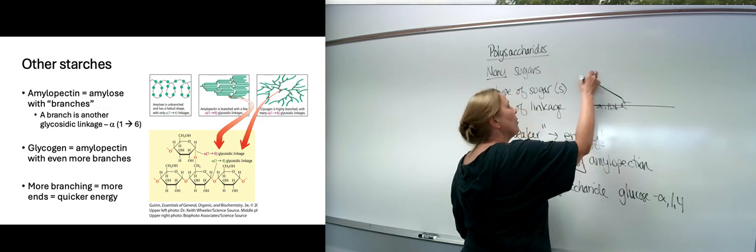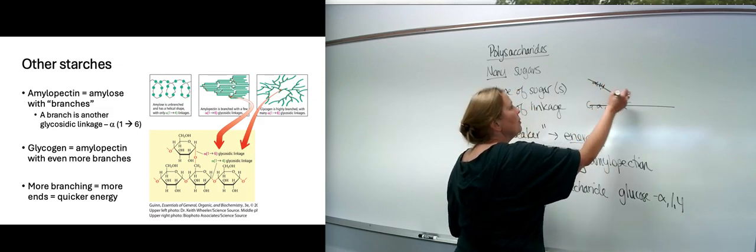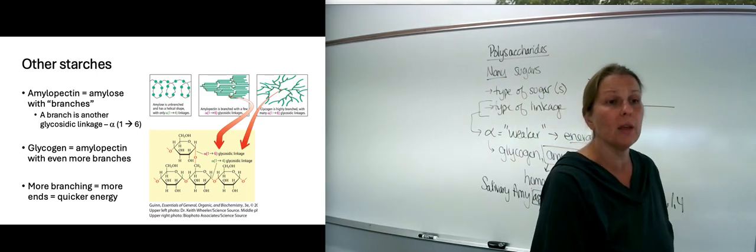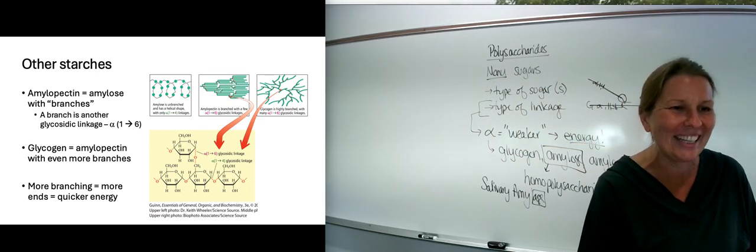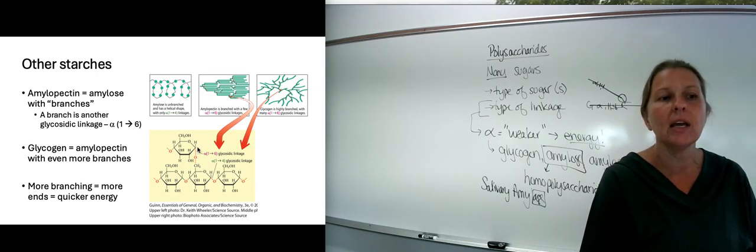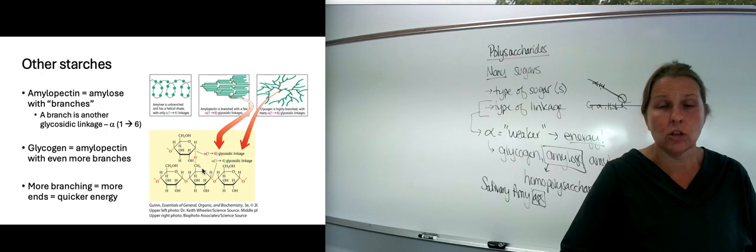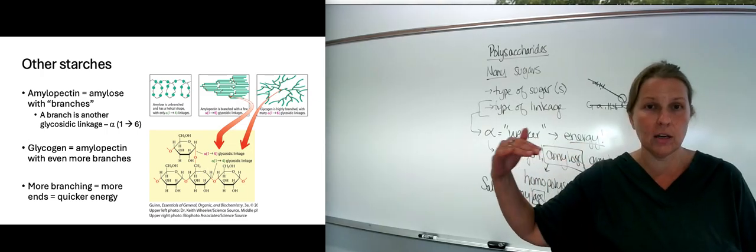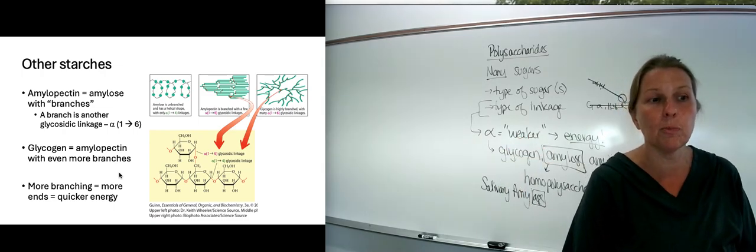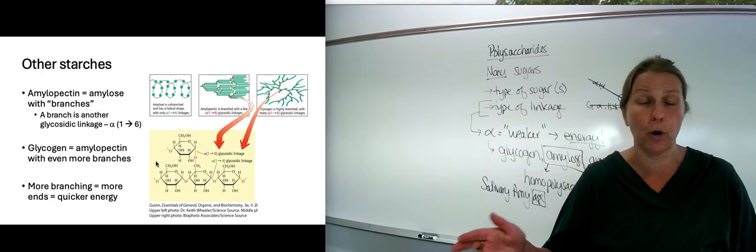You might have other branches of alpha 1,4, but there's an attachment here between carbon 1 and carbon 6, as you can see from the better looking structures in your book. Here's your alpha 1,4 all the way through. But now here's carbon number 6. This OH group is attached alpha, because again, this OH group up, this OH group down. This is an alpha 1,6 glycosidic linkage. So you have one homopolysaccharide, just alpha 1,4, but then you have branches that go off of carbon 6, and they continue as alpha 1,4, alpha 1,4, alpha 1,4.